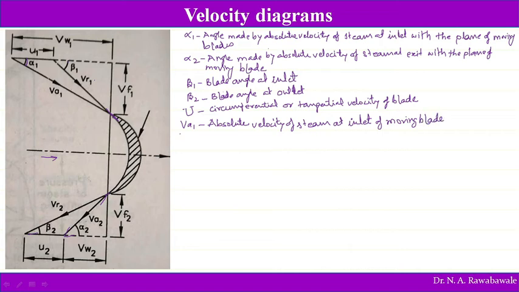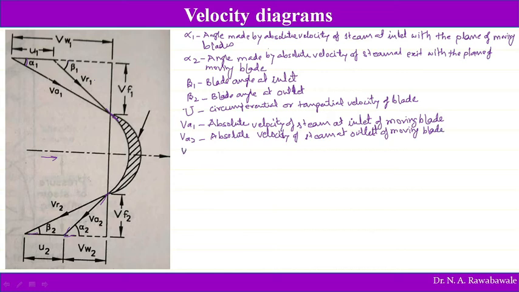And VA2 is the absolute velocity of steam at outlet of the moving blade.